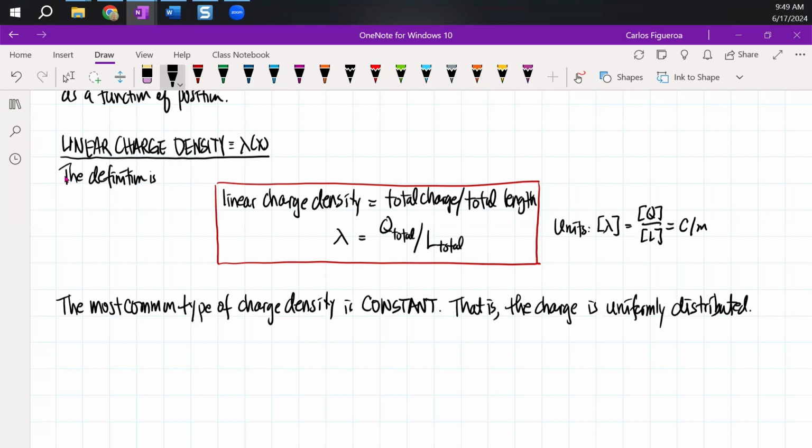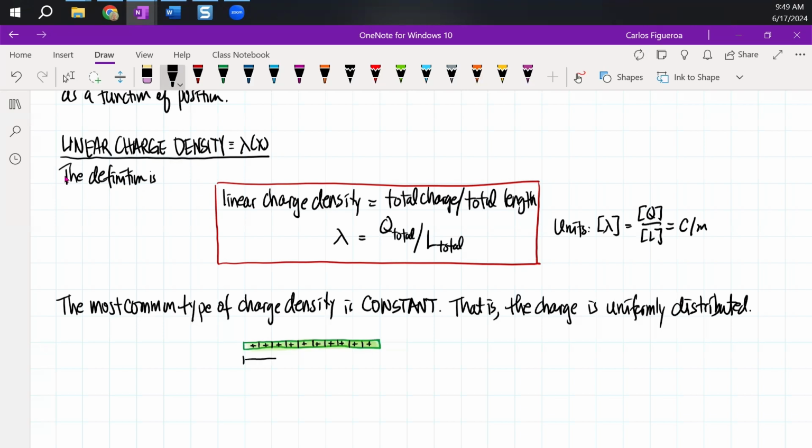So for a linear line, let's say I have this length of line, and if I break it into little tiny units, I'm going to put a tiny bit of charge in each of these units.